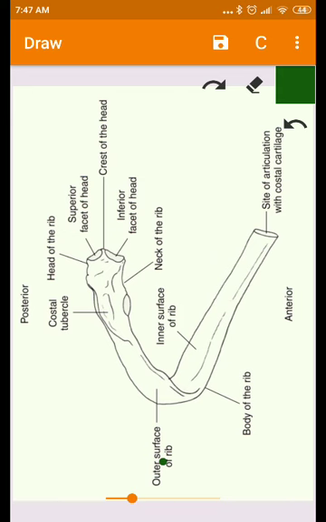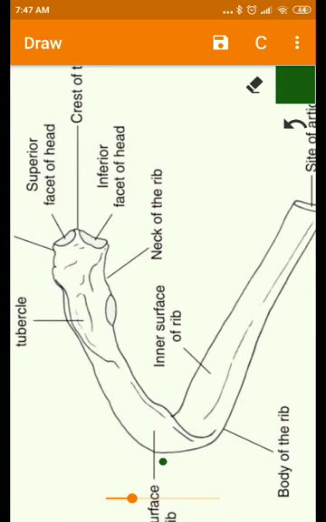You can see here, the head has two facets, the superior facet and the inferior facet, separated by a crest. The superior facet is smaller than the inferior facet. The inferior facet is large and the superior facet is small.